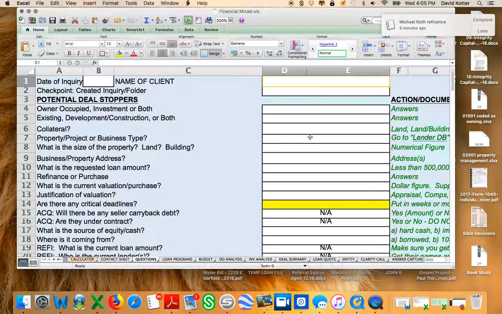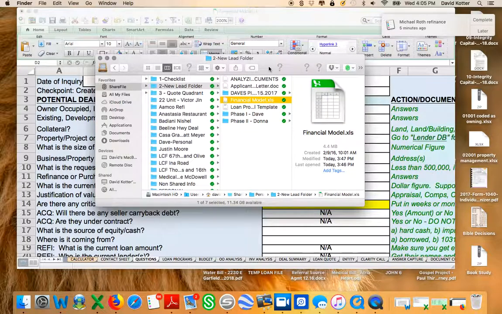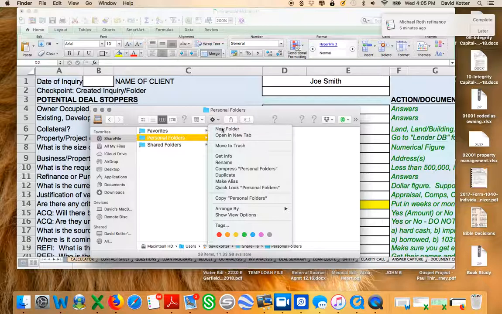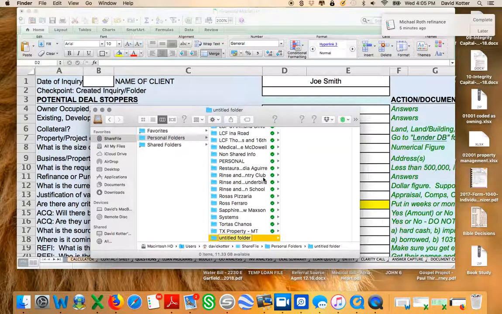Then you'll go over here to this tab, put the client's name in, and here you're going to put yes. So we'll just say Joe Smith. Here, if you opened up and created a folder, so whatever your folder system is, you'll create a new folder and you'll put the name new deal, whatever it is, and then the name of the client.